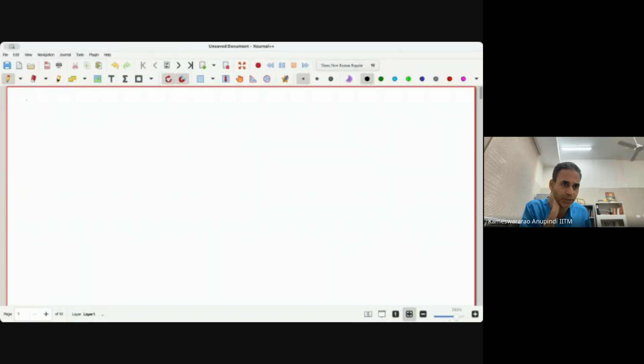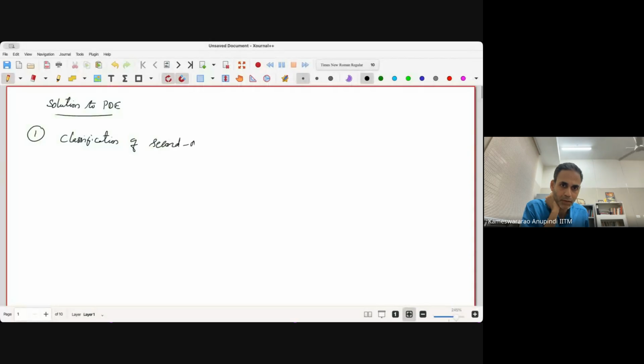So let's get started. Yesterday we were looking at the last chapter, that is solution to partial differential equations, and then we looked at classification of PDEs. To be specific, we looked at classification of second order PDEs.